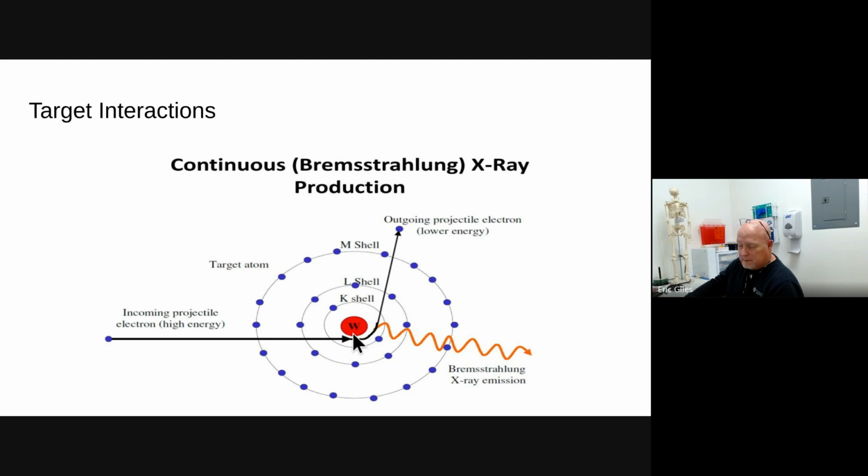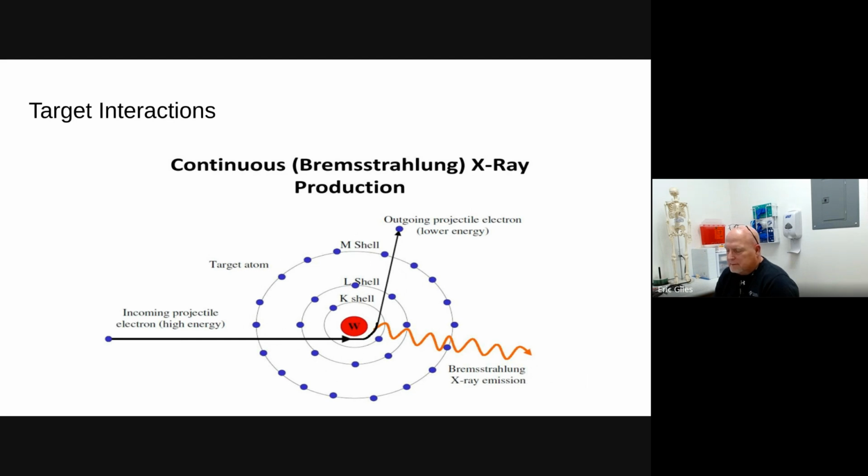And when it gets close to the nucleus, it's going to make a sharp turn and go up. And when it hits the nucleus, it's actually going to go straight up. So what you need to know about this is that the closer it is to the nucleus, the more energy it's given out. So if it hits the nucleus, you're going to get the most energy out of that X-ray photon, okay?